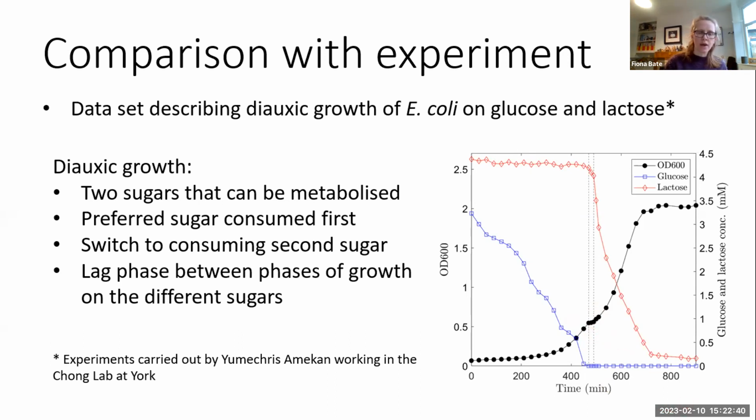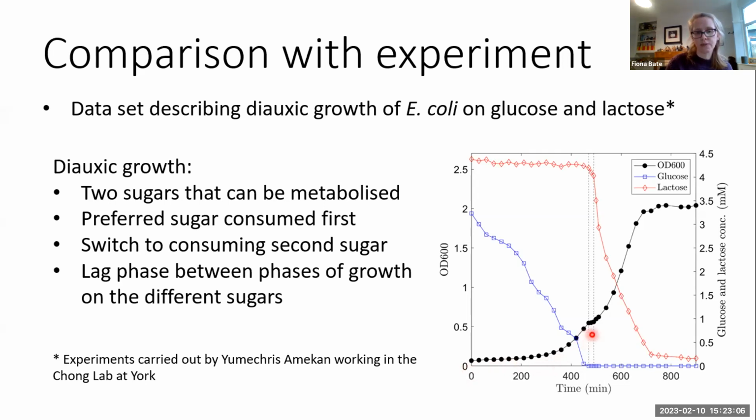Okay, in this experiment, initially the E. coli was grown on a rich media, and then at time 0, it was taken from the rich media and transferred to a minimal media, which just had glucose and lactose on it. So there's a lag at the beginning, which is due to the change from the rich media to the minimal media.